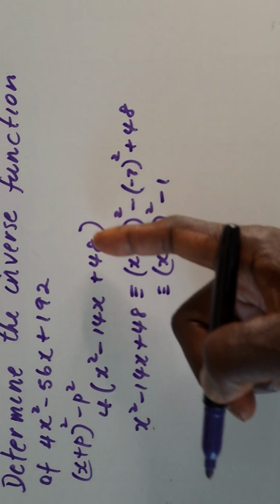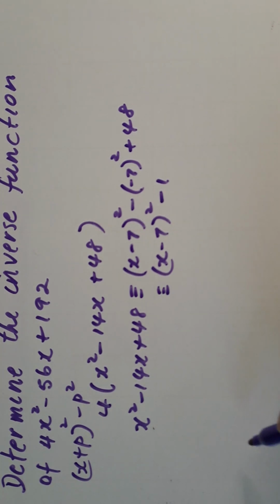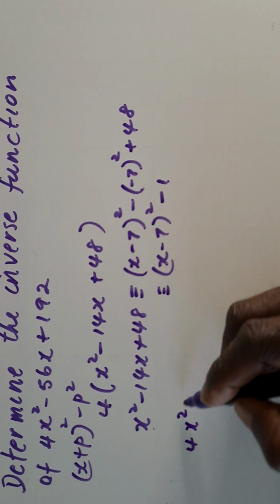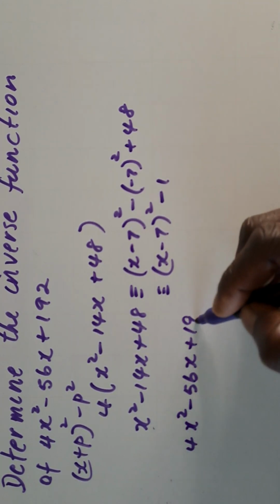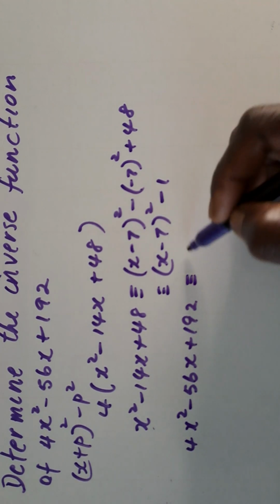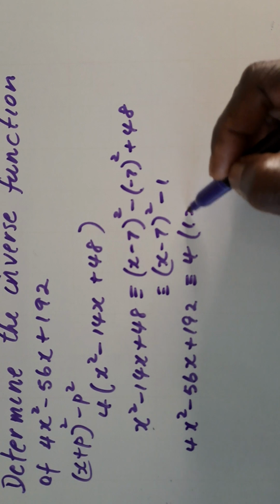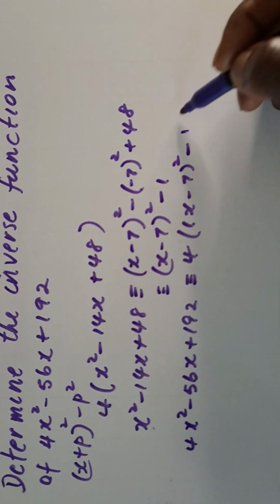So this in brackets is equivalent to (x minus 7) squared minus 1. And now we can write that 4x squared minus 56x add 192 is equivalent to 4 brackets (x minus 7) squared minus 1.